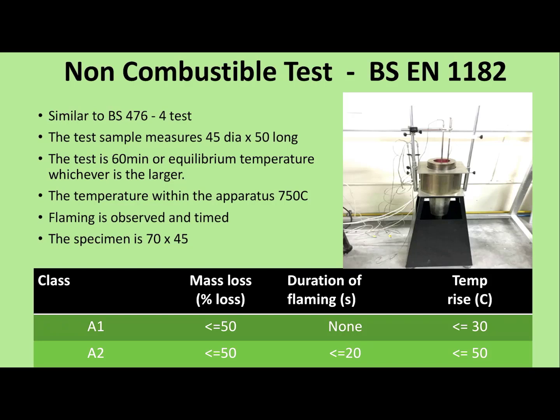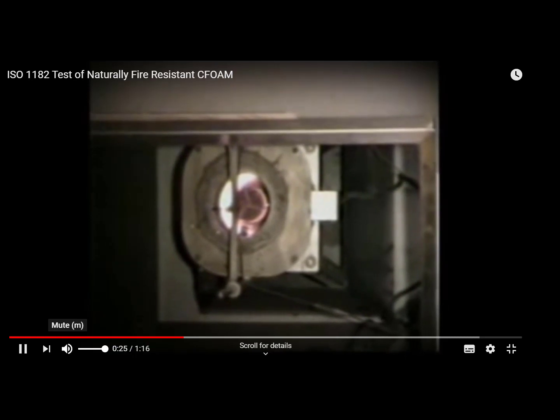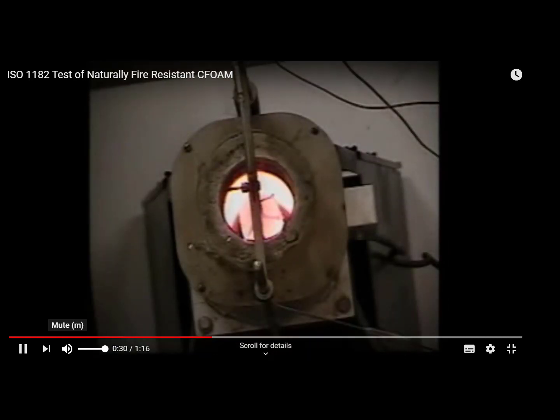It looks as if it's being carried out in somebody's front room, but there you go. This is the BS 1182 non-combustibility test, and there is the furnace or oven, whatever you like to call it, but there is no lid on it, so you can observe the sample. The sample is 45 diameter, 50 long, located in the center of the furnace.